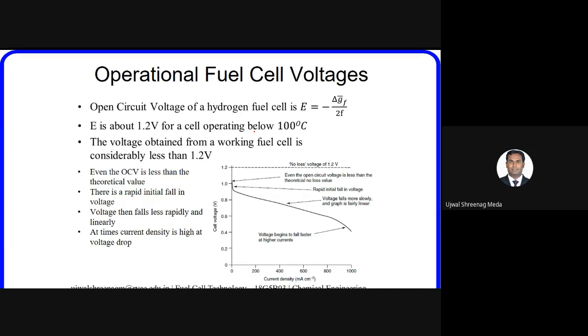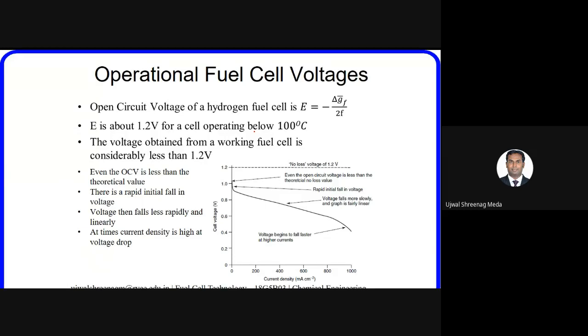And in all the fuel cells, irrespective of the type and application, the characteristics of a fuel cell is determined using IV curve, known as IV characteristics. So I is current, V is voltage.